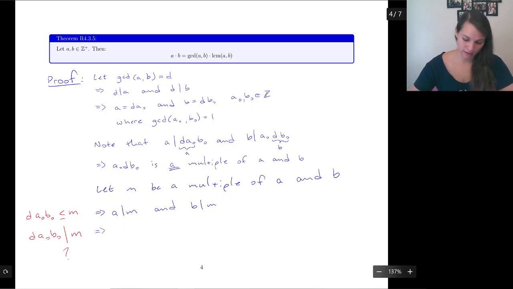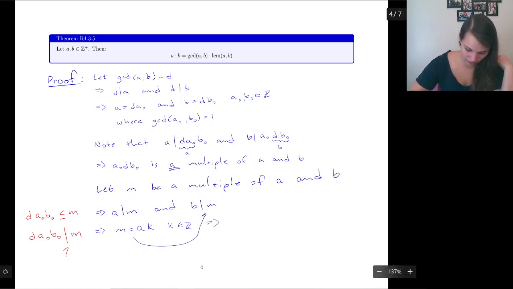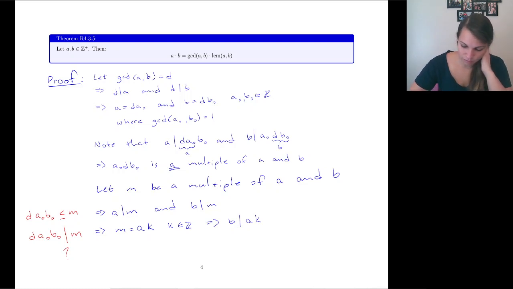So what we have, A divides M, so M equals A times k for some integer k. But B divides M, so then I can substitute that in right here. So B divides Ak. We know things about B and A in terms of the greatest common divisor.